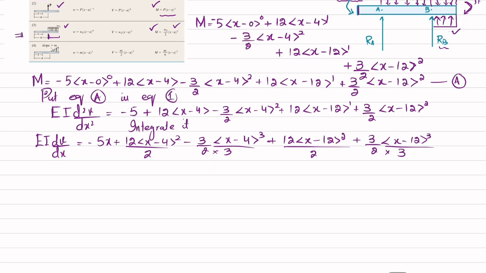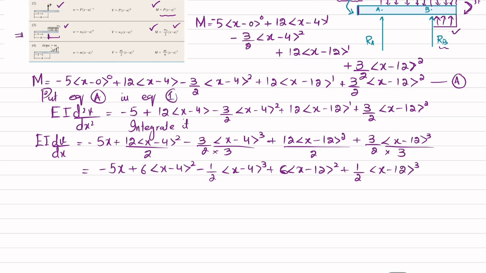So simplifying it, we get minus 5x plus 6 into x minus 4 whole square minus 1 over 2 into x minus 4 whole cube plus 6 into x minus 12 whole square plus 1 over 2 into x minus 12 whole cube.